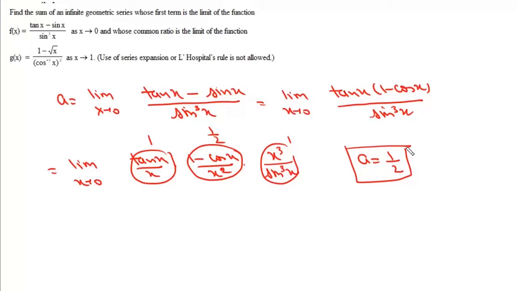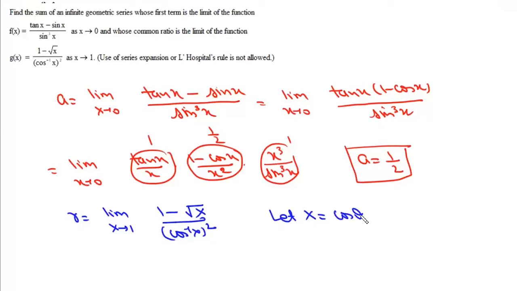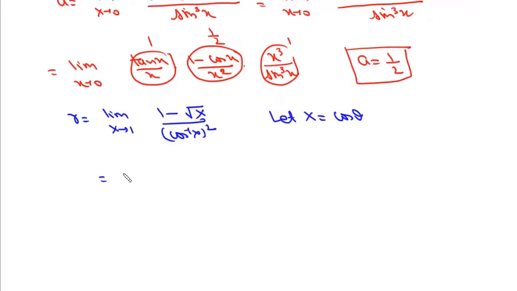Now we need to find the value of its common ratio, which is r. Now r is this limit, which is limit x tends to 1, (1 minus under root x) upon (cos inverse x) whole square. Now here we use substitution. We let x as cos theta. Now if we take x as cos theta, then we can write this as this limit x tends to 1, 1 minus under root of cos theta upon cos inverse of cos theta, which is theta, so it will be theta square.